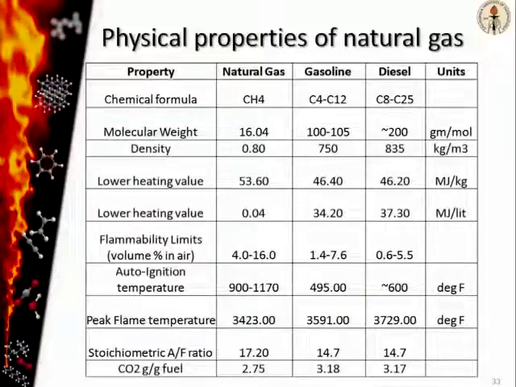If you look at the auto ignition temperature, you find that natural gas is actually safer than gasoline or diesel, having a higher auto ignition temperature. The peak flame temperature is about the same order as that of gasoline and diesel. Something important to note, and that I'll touch upon later in one of the slides down the line, is that the stoichiometric air-fuel ratio is actually higher than that for gasoline and diesel.